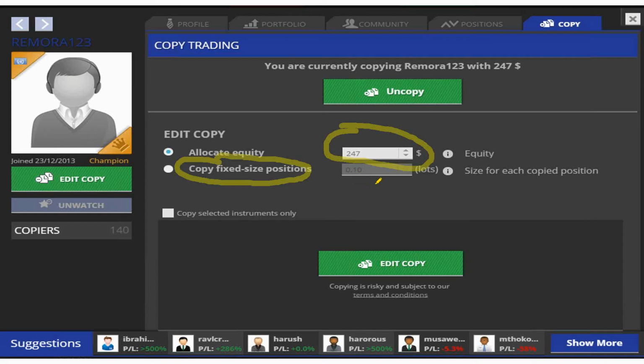One lot would be 1.0, which is 10 mini lots. And then we also have micro lots, which give you 10 cents a pip for one micro lot. One mini lot would be $1 per pip. When I say a pip, it's a percentage in price, which is one tick of your chart.